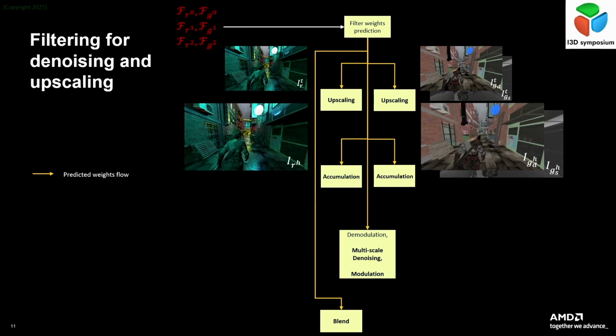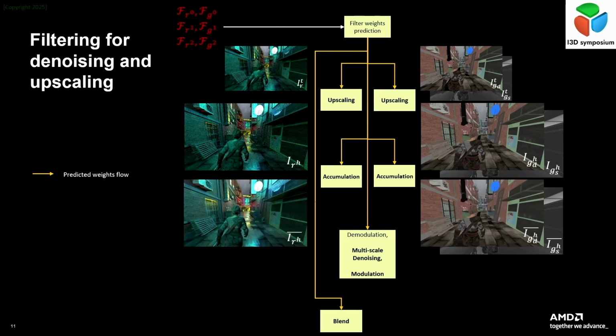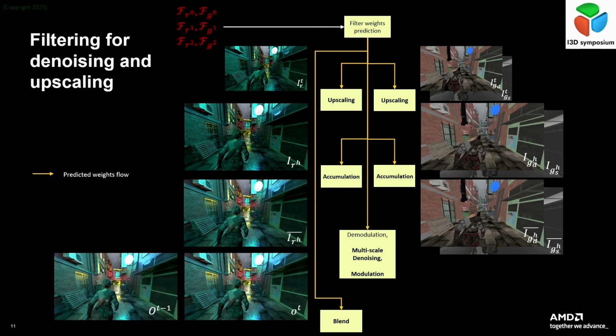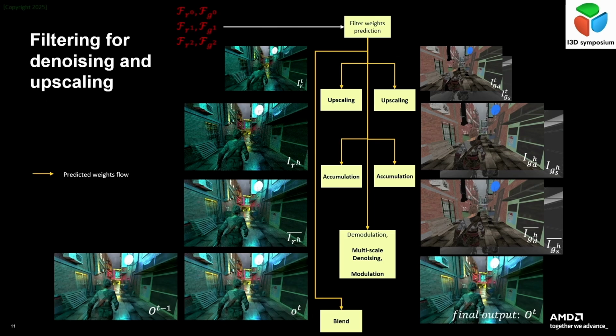After that, we accumulate this upscaled radiance and guiding albedos with previously accumulated radiance and albedo buffers. Then that accumulated radiance goes to the multi-scale pyramidal denoising filtering after the albedo demodulation. Then the denoised output is blended with the previous output to generate the final denoised and upscaled output.